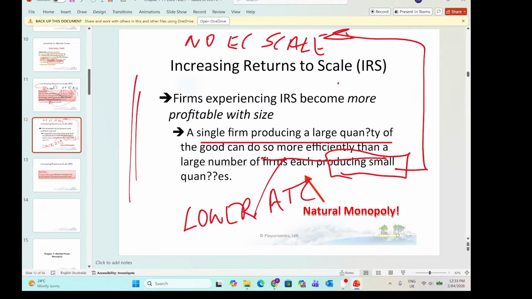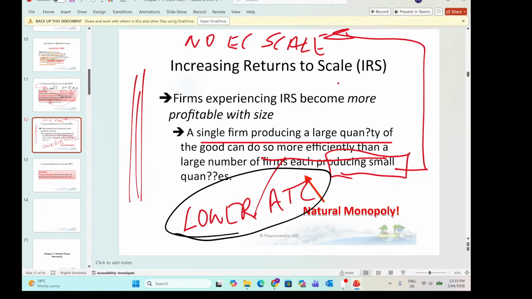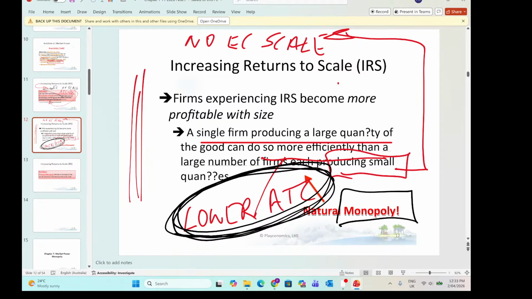So what is this slide all about? If we have one big firm that has a lower average total cost than a number of small firms, what this means is that monopoly may actually have the best potential deal for consumers.